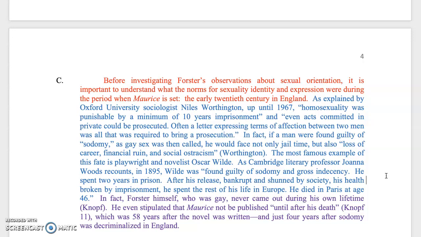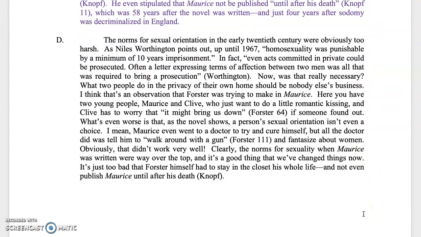And if you do find some information about your author that can give you an insight into where they're coming from on the specific topic you're writing about, then that can be something also to include in the background paragraph. But you can see here, this is a much more focused background paragraph than the previous two. It really focuses on what people will need to know to understand this topic during the time period when the novel is set.